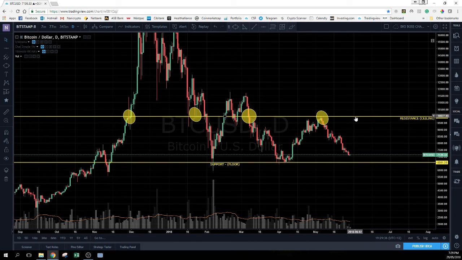So we know that 10,000, or we believe that 10,000 is a pretty strong psychological resistance. We were hoping that this pattern that we had here would have allowed for it to cross. But as you can see, the volume here just wasn't high enough for it to have surpassed that strong psychological resistance or ceiling that we have.